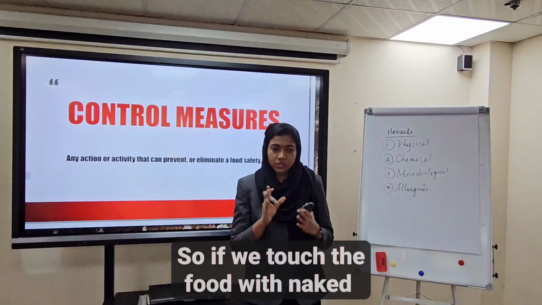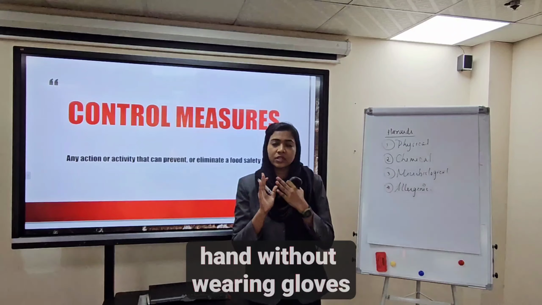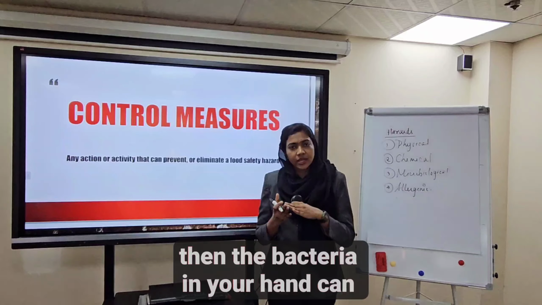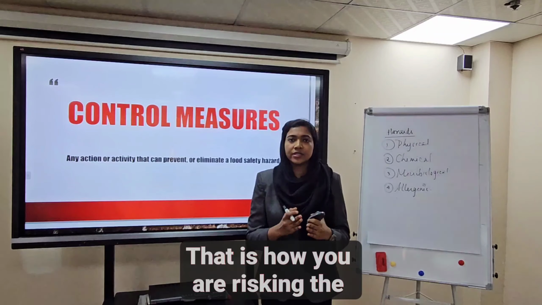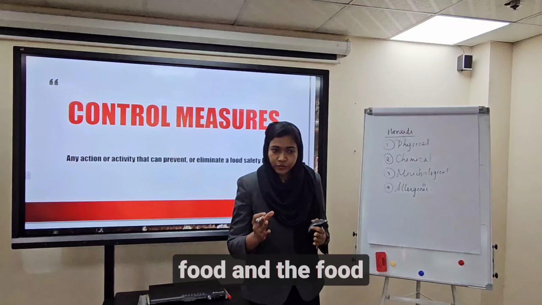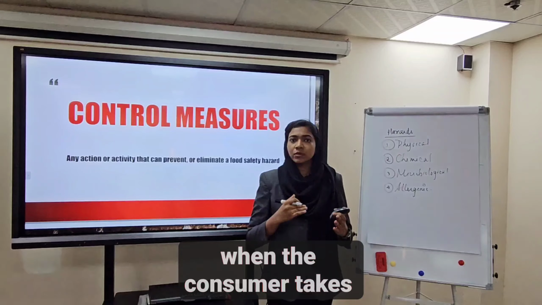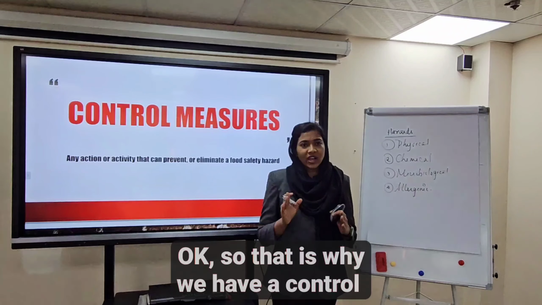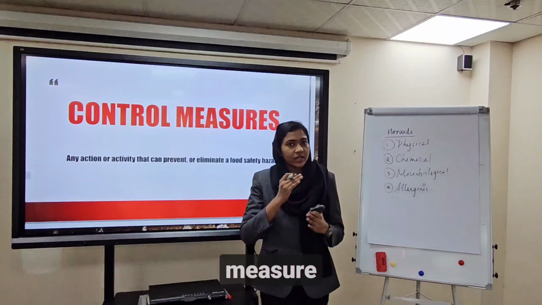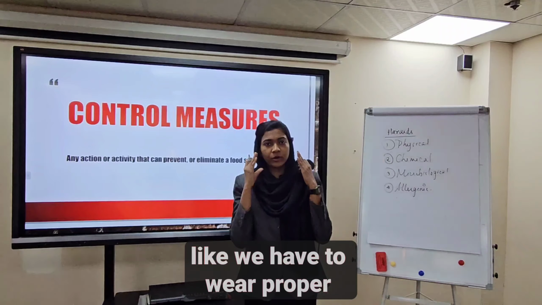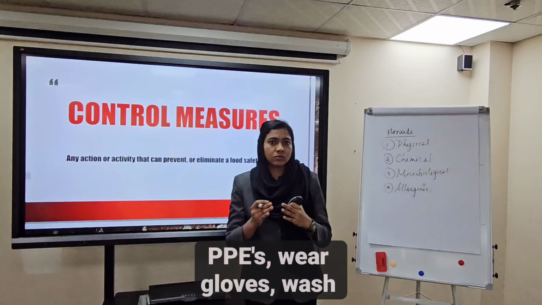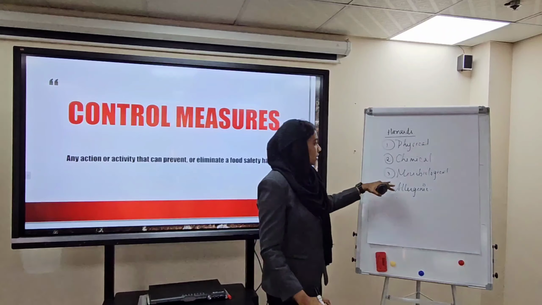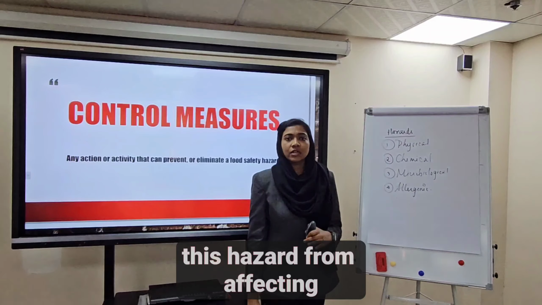So if we touch the food with a naked hand without wearing gloves, then the bacteria in your hand can transfer to the food. That is how you are risking the food. And when the consumer takes it, it will cause a hazard. Okay, so that is why we have control measures, like we have to wear proper PPEs, wear gloves, wash hands. So we are doing all this to prevent this hazard from affecting our food.